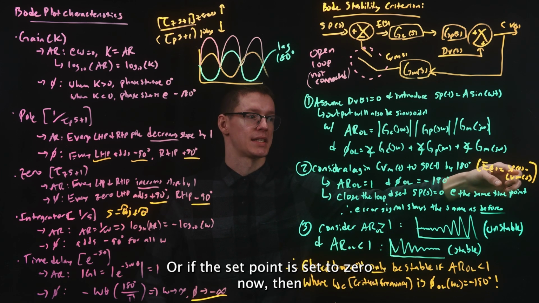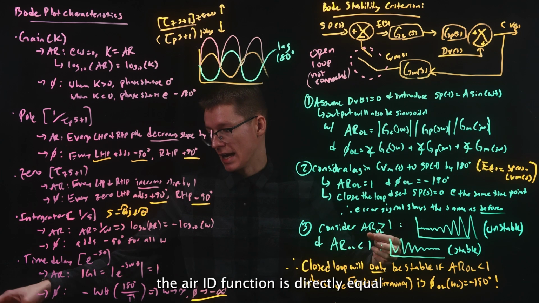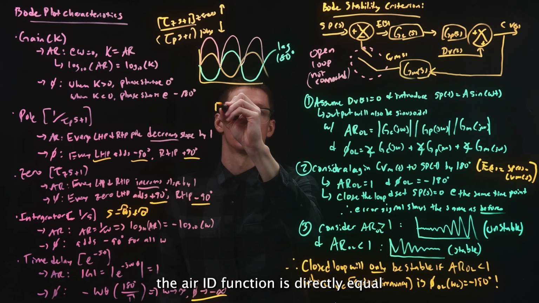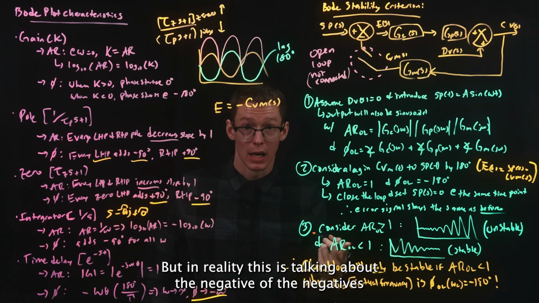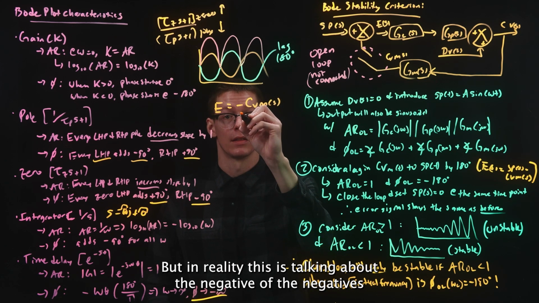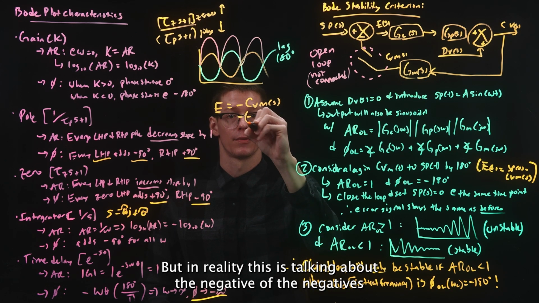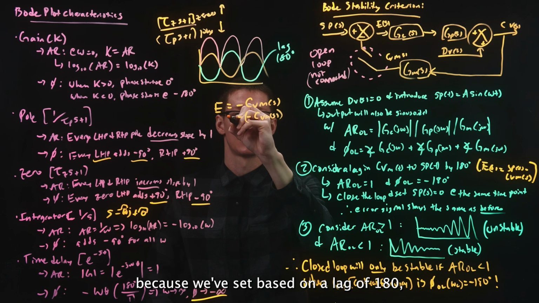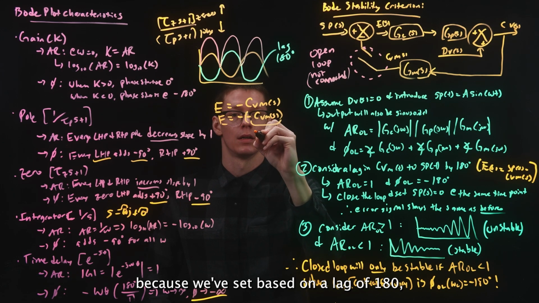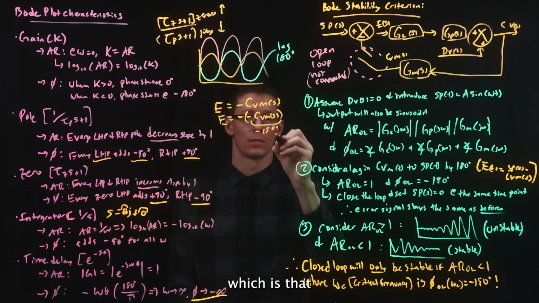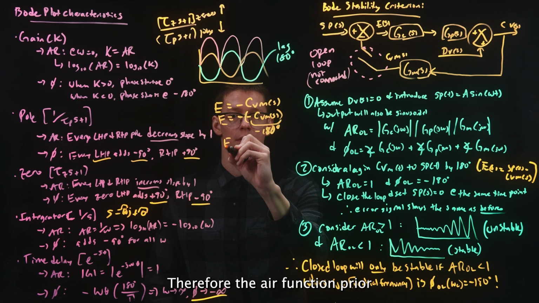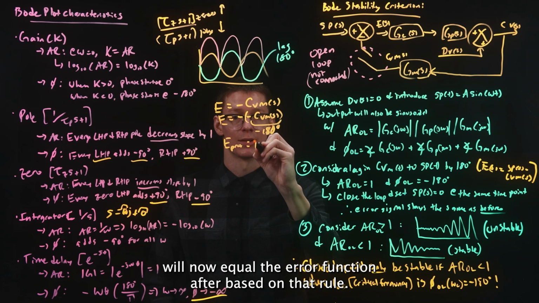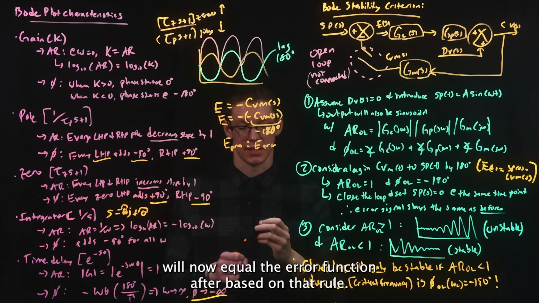If the set point is set to 0, then the error function is directly equal to negative CVM of S. But in reality, this is the negative of the negative, because we've set a lag of 180 degrees, so minus 180 degrees. Therefore, the error function prior will now equal the error function after, based on that rule.